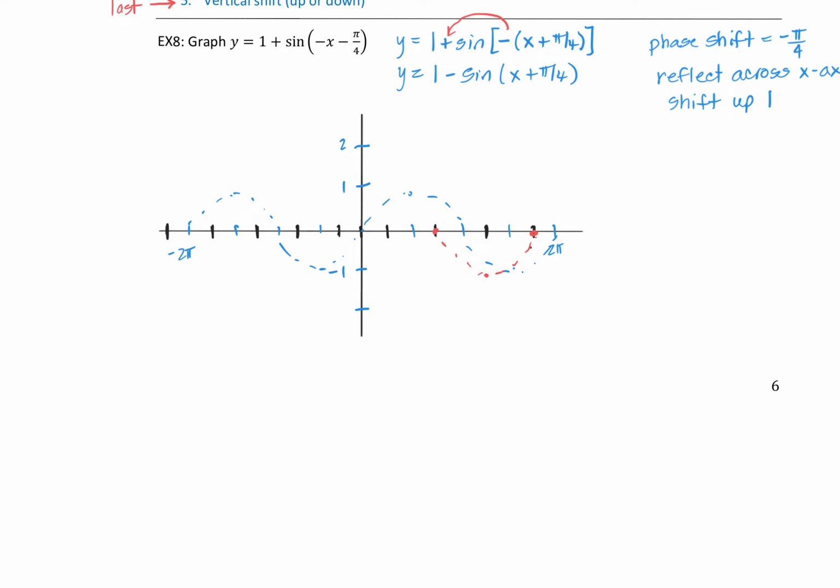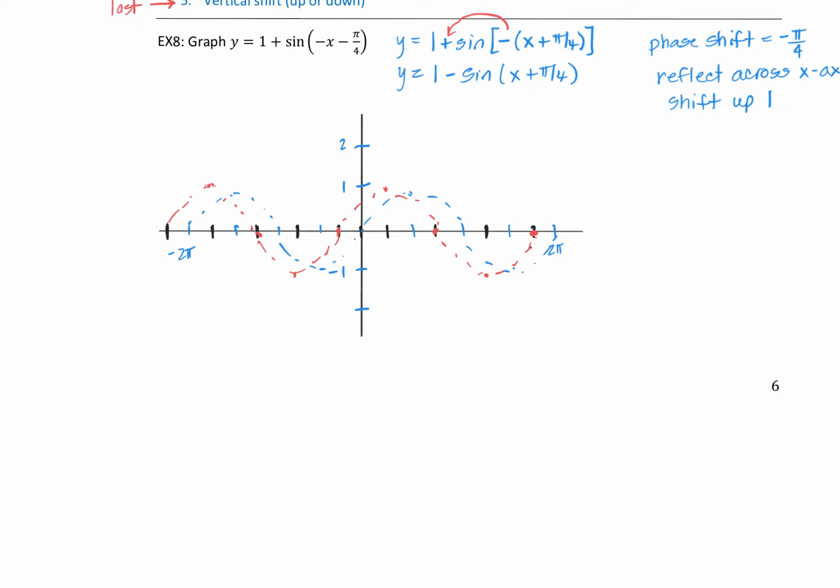And then here would be the 1. Down to 0. -1. 0. +1. And 0. That's a little bit weird. Okay, so I did my shift, and I'll worry about labeling the axis later.